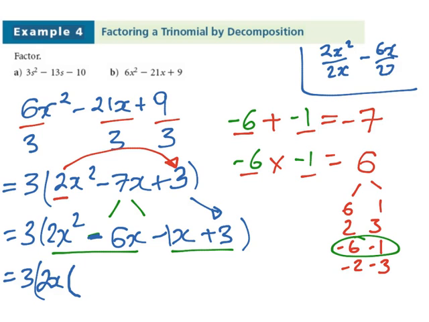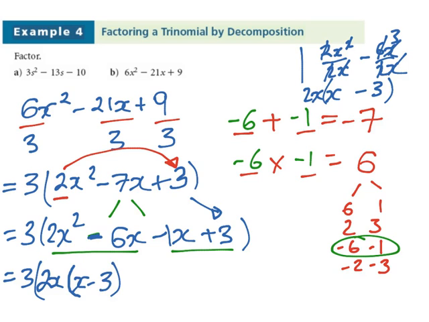And you'll get 2 divided by 2 is 1. x squared divided by x is just x. 6 divided by 2 is 3. And x divided by x is just 1. So we have only 3 left. And don't forget the factor. So we have 2x times x minus 3.